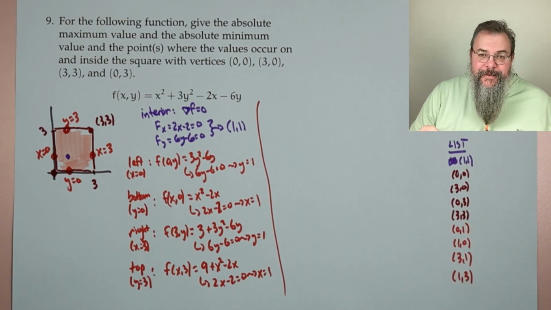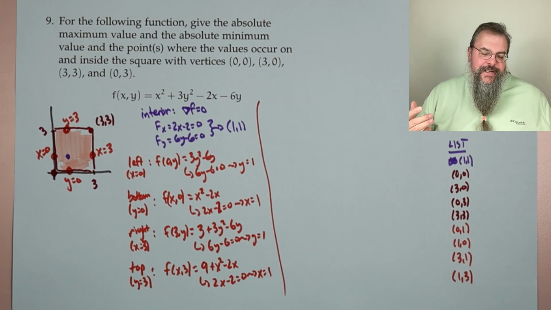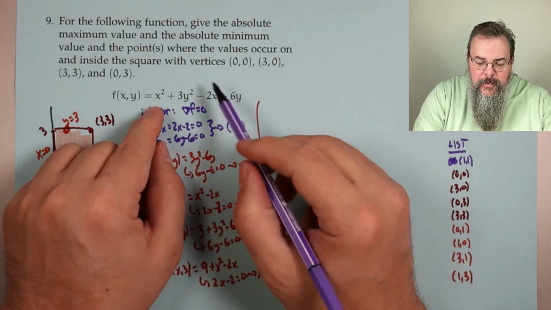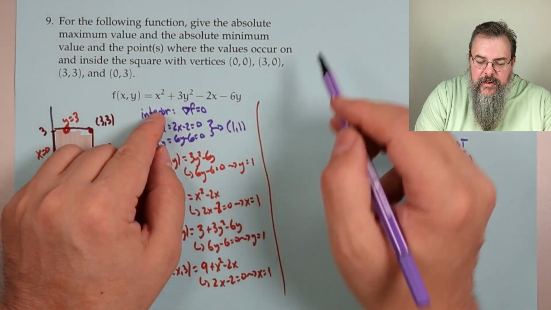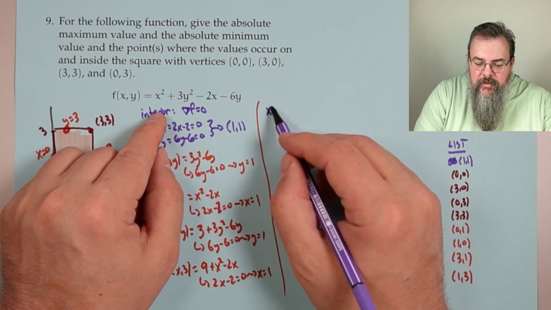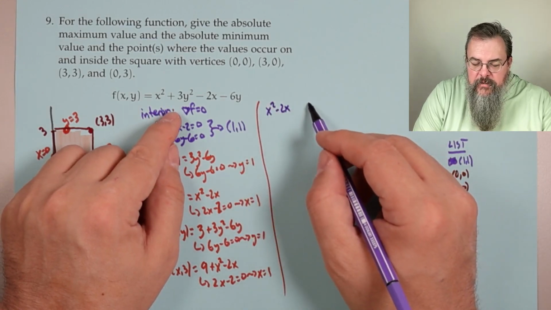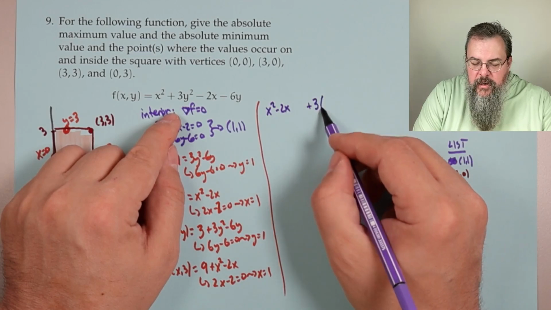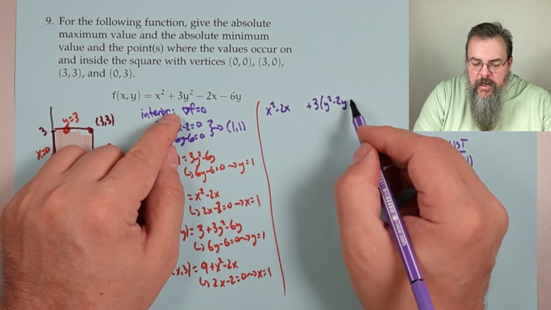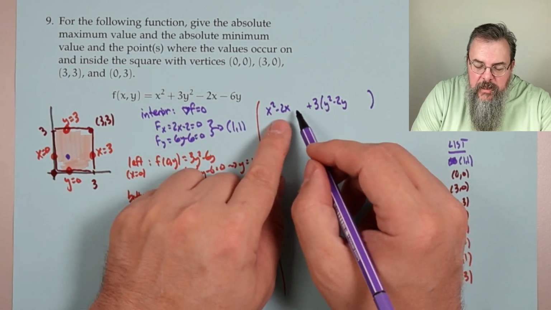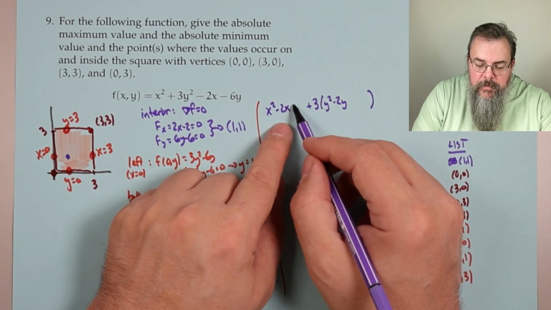Before we do that, I'm going to point something out. This can actually be rewritten in a nicer way. If we group the x's together, this is the same as x squared minus 2x, and if we group the y's together and pull out a 3, y squared minus 2y. Well, x squared minus 2x is almost a perfect square.